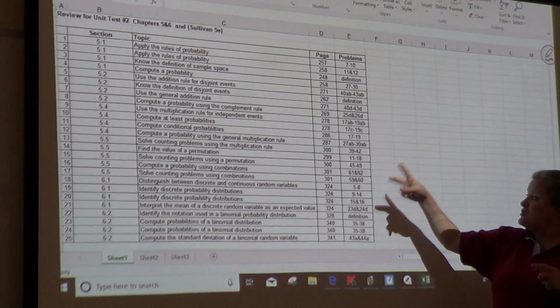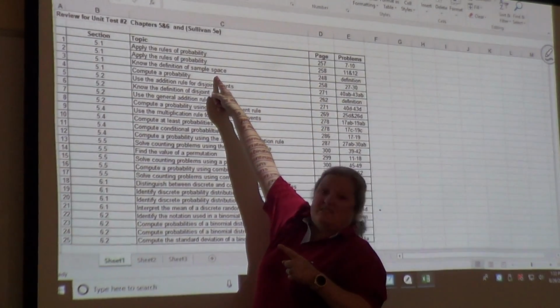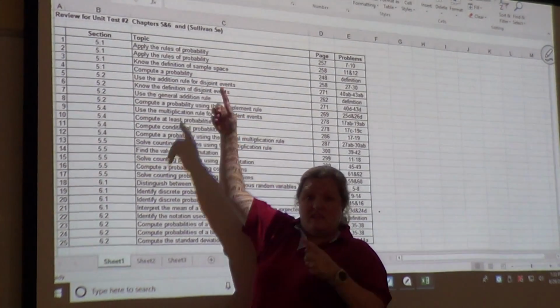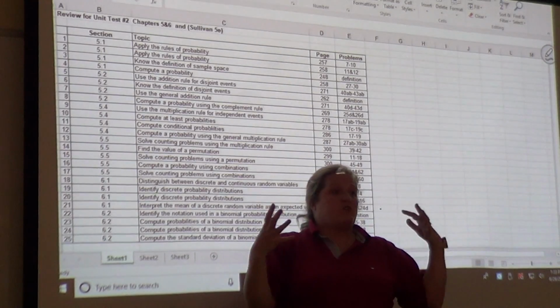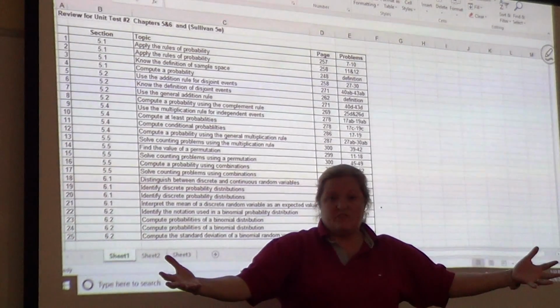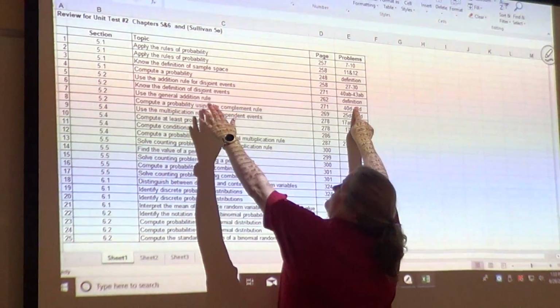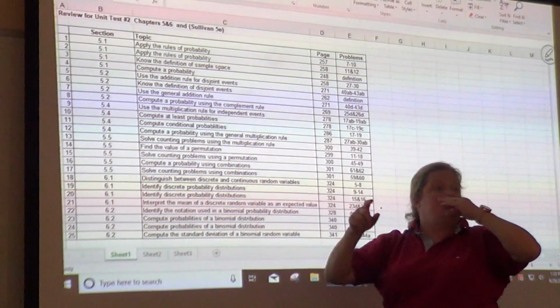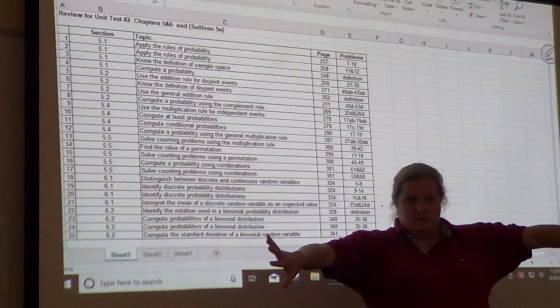And there are two or three definitions. One, you have to know what a sample space is. If I ask what the sample space is for cards in a deck, that's all the different possible cards in a deck, which is 52. Definition for disjoint events: do disjoint events have things in common? They're disjoint.